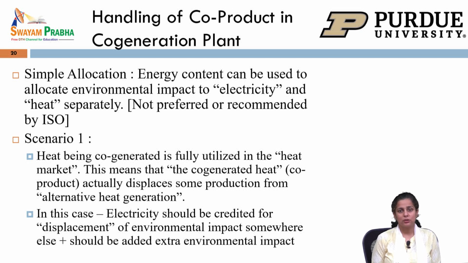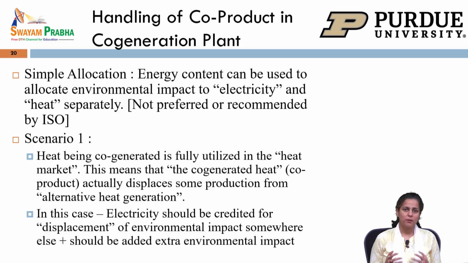This means that the co-generated heat displaces some production from alternative heat generation. When the heat is fully utilized in the market, the demand for heat from another process producing heat, let us say a natural gas based boiler that was being used, is now reduced.